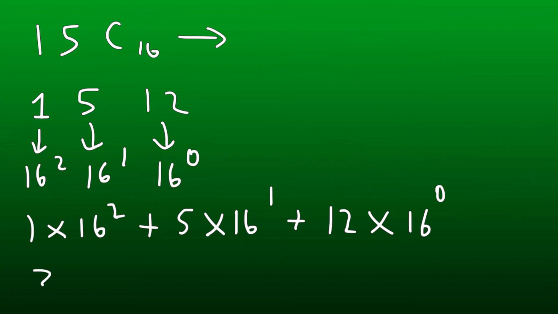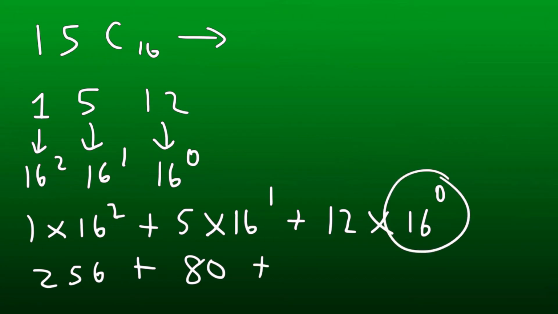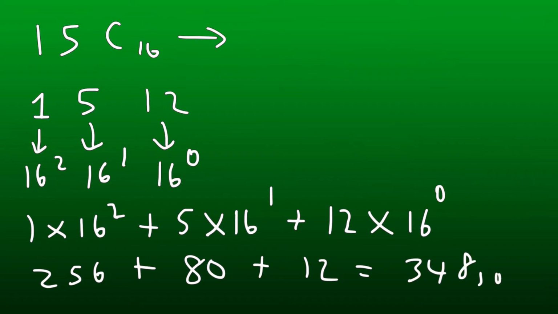16 squared is 256. 5 times 16 is 80. 16 to the 0 power is 1, so we have 12 times 1, which is 12. And adding these three numbers will give us 348. So notice that if you want to go from the binary system to the decimal system, multiply everything by powers of 2.